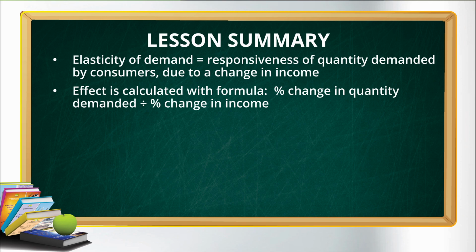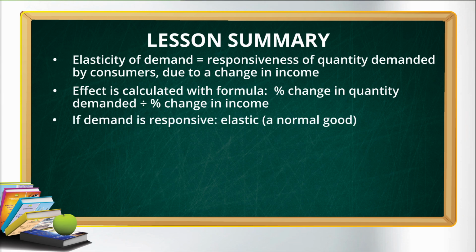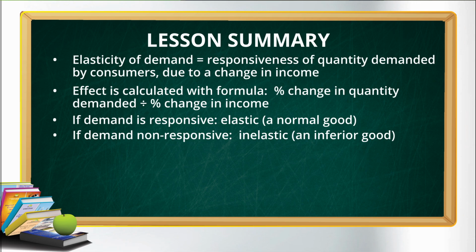The effect is calculated with this formula: percentage change in quantity demanded divided by percentage change in income. If demand is responsive, then it is classified as elastic and a normal good. If demand is non-responsive, then it's classified as inelastic or an inferior good.